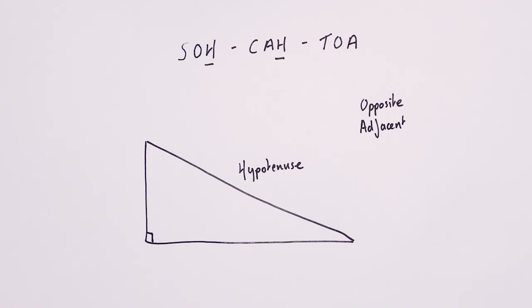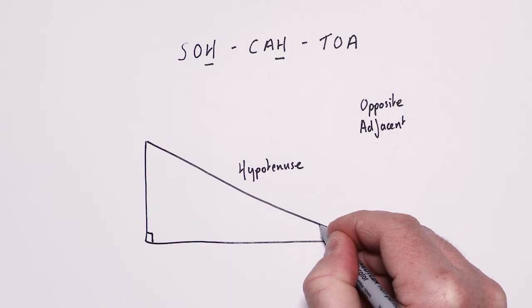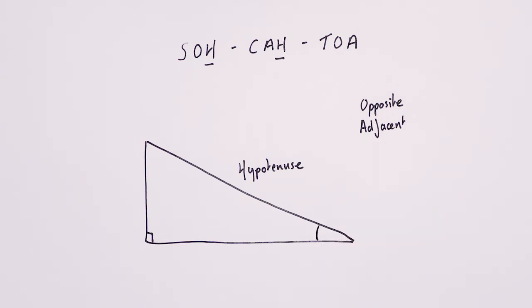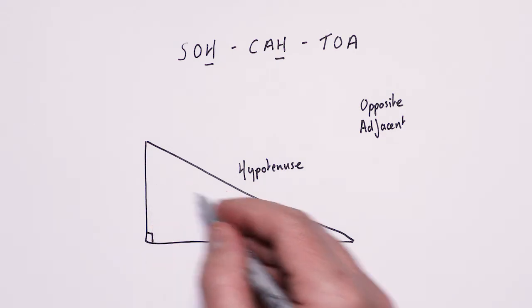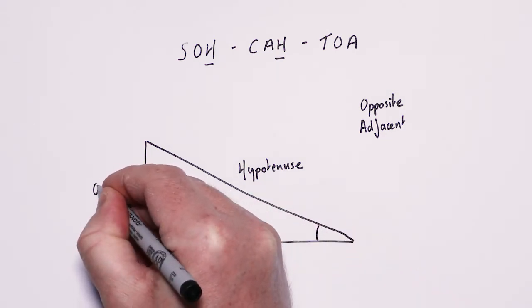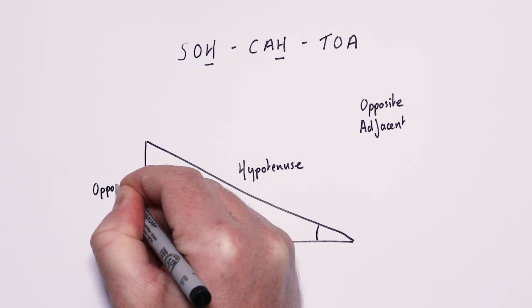And which is opposite and which is adjacent depends upon what angle in the triangle you're looking at. So if I'm looking at this triangle, say this is a slope and I know that that angle is 5 degrees, the side opposite that angle is the opposite.